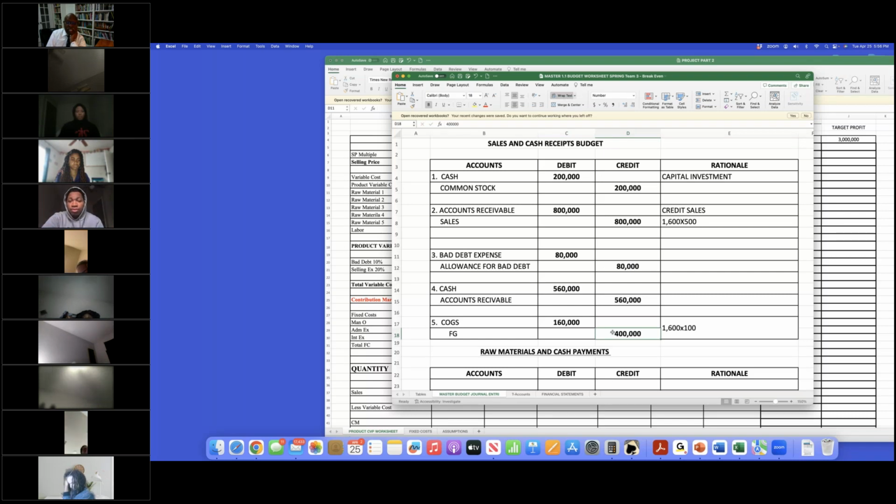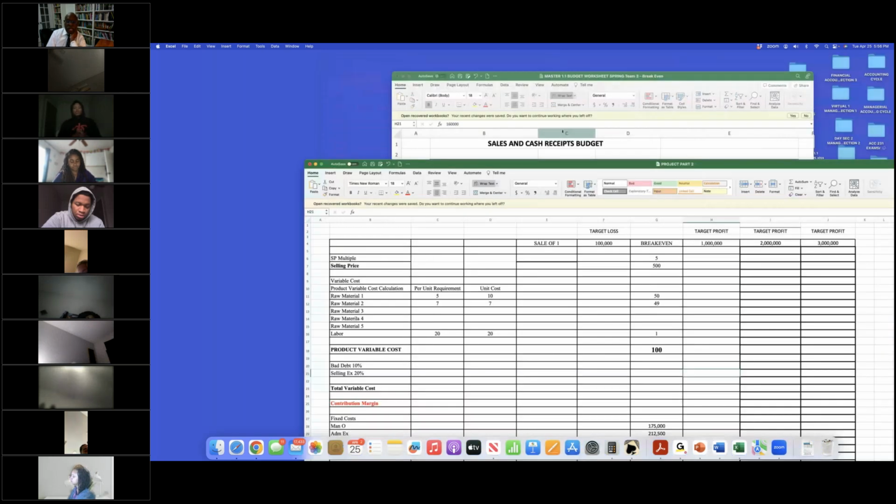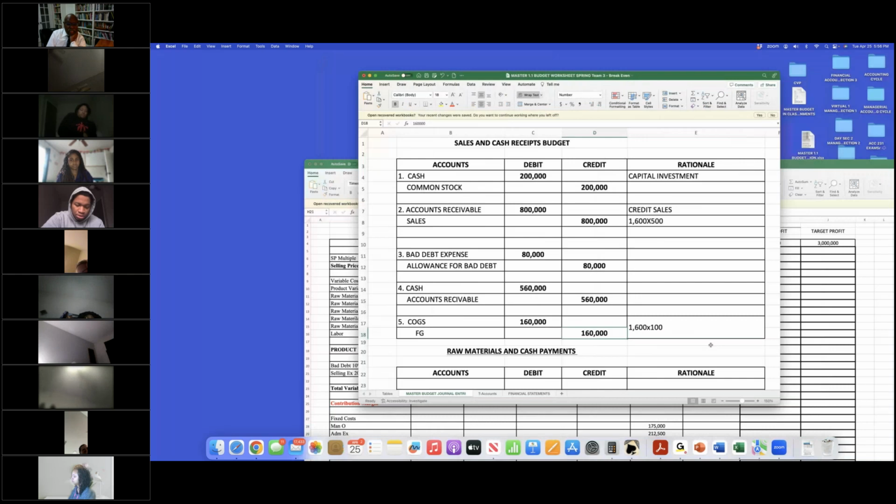Let's see some T accounts. Does everyone get that now? When you calculate the product variable cost and you get that 100, then when you get ready to make this journal entry, you've got to multiply it by 100. And look at the T account.